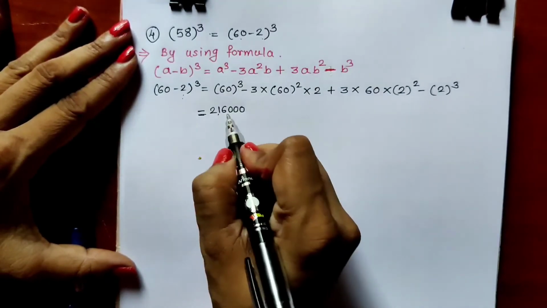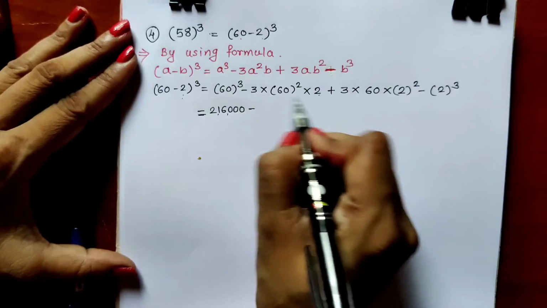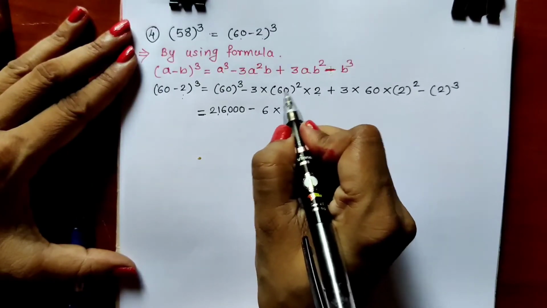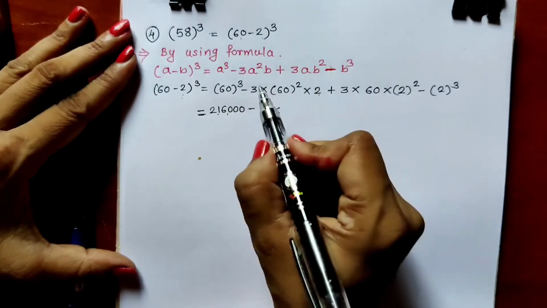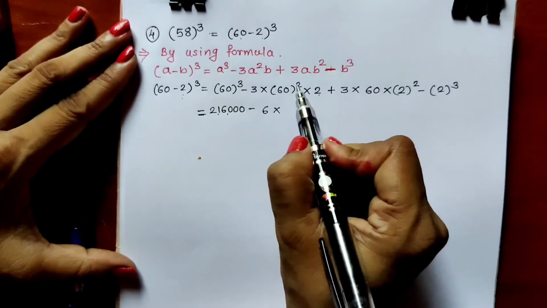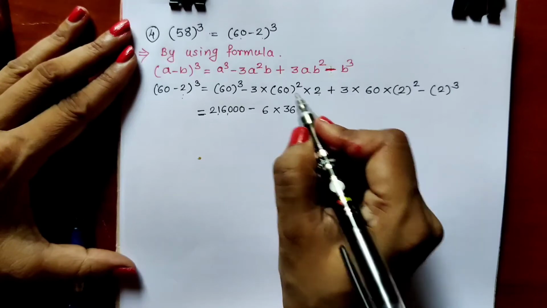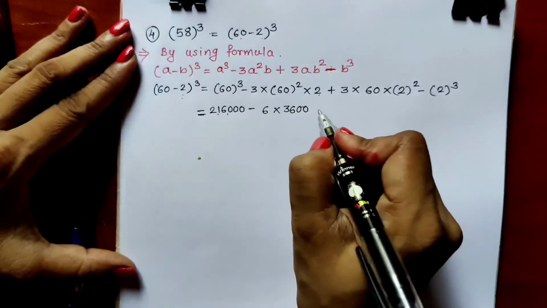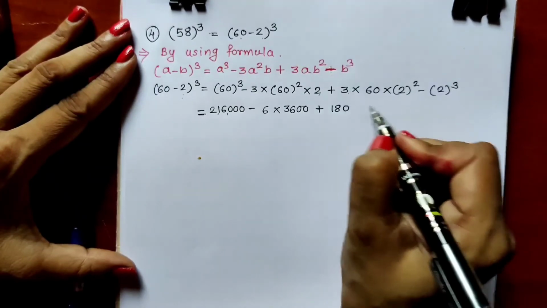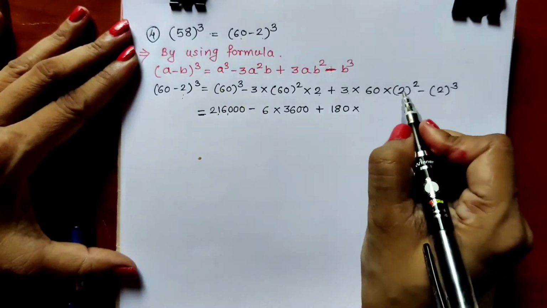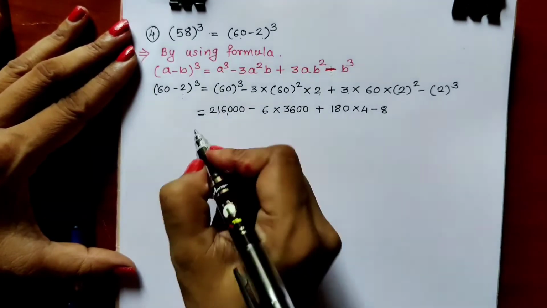So it is 2,16,000 minus, first we will do multiplication of 3 into 2. 3 2s are 6 multiplied by 60 square. We will do 60 square also. 6 square is 36 and square is there, so in place of 1 0 we will be writing 2 zeros, plus 3 into 60. 6 3s are 18 and 0, multiplied by 2 square, 2 2s are 4. 2 square is 4, minus 2 cube is 8.